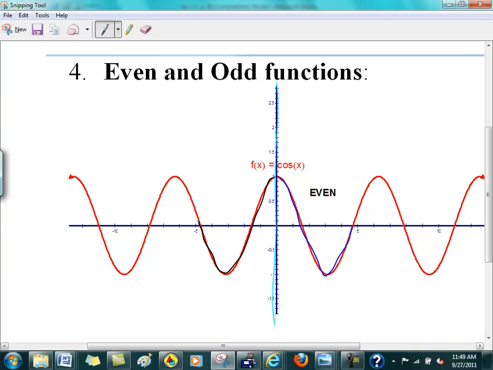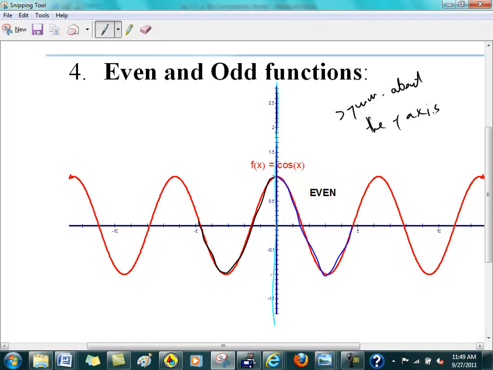Okay, so even functions are symmetric about the what axis? About the y-axis. Nice. Symmetric about the y-axis.